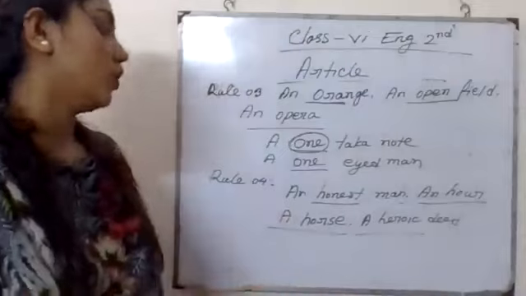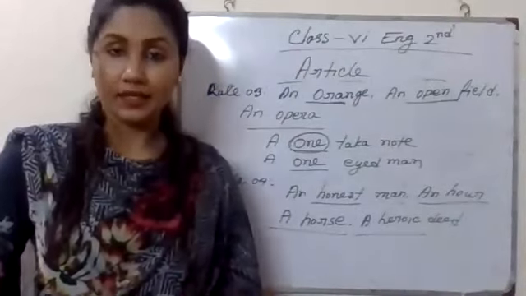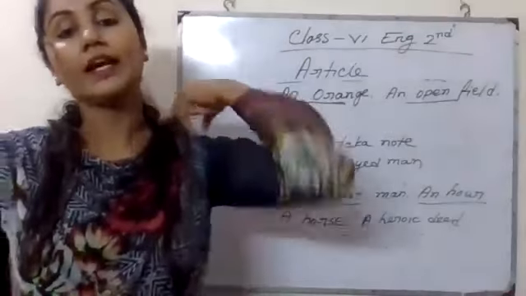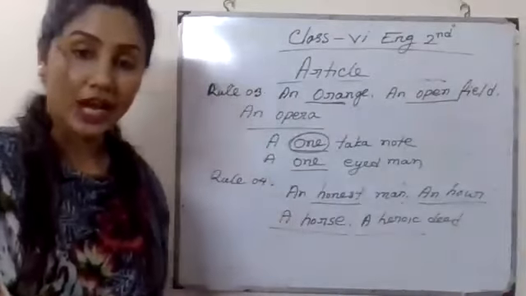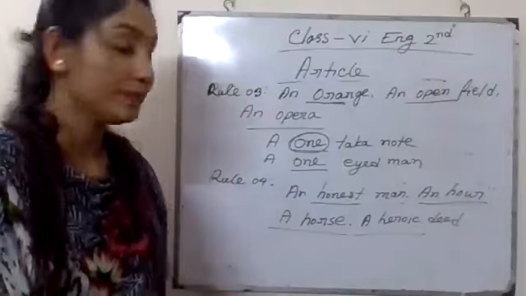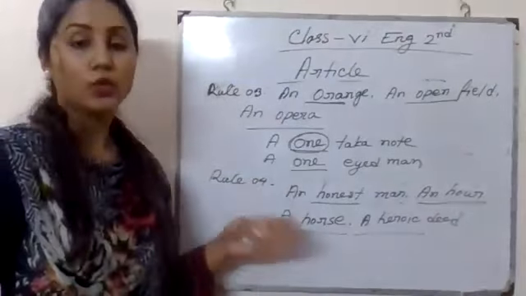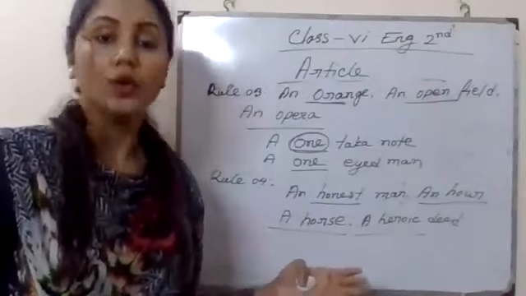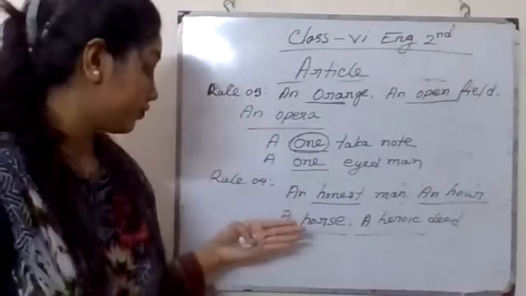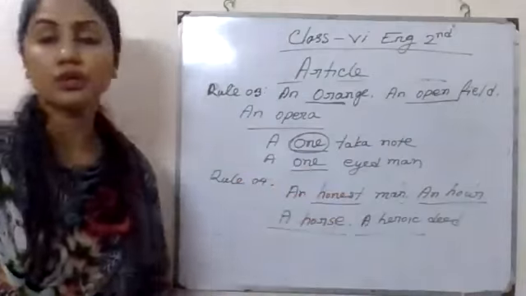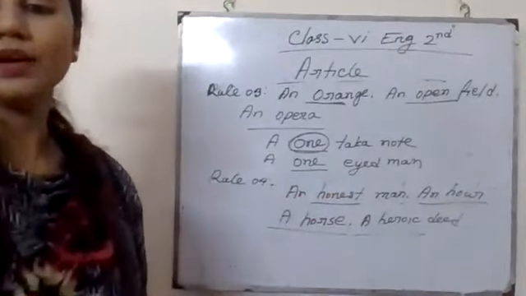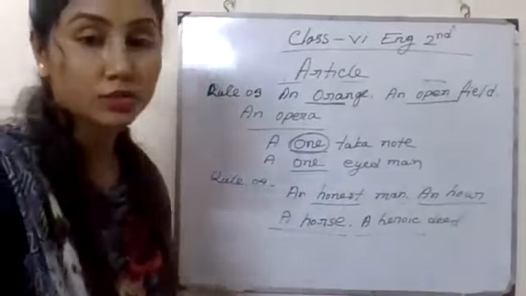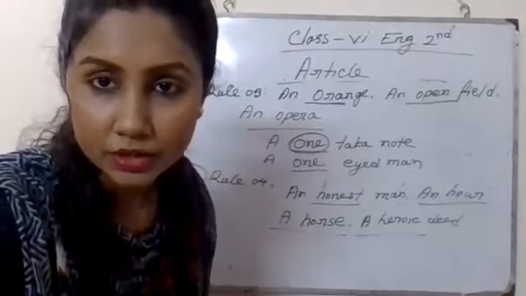So a horse: when H will be pronounced, then we have to use A before the word. But when H will not be pronounced, then we have to use AN before this sort of word. So boys, now please, if you have any question regarding these rules, you may ask me.